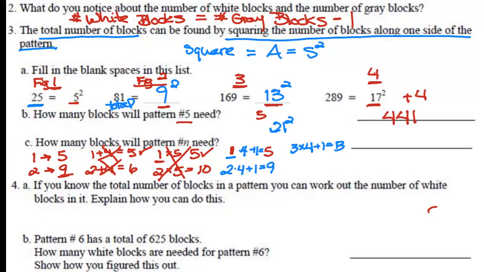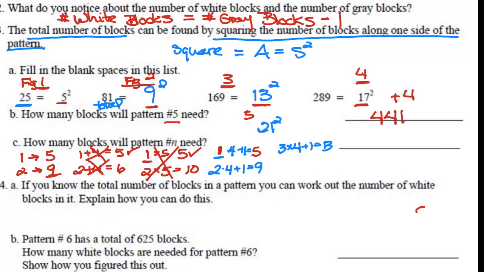So pattern N. That would be n times 4, plus 1. Now I want the total number of blocks. That will simplify to 4n plus 1, but that's just one side.